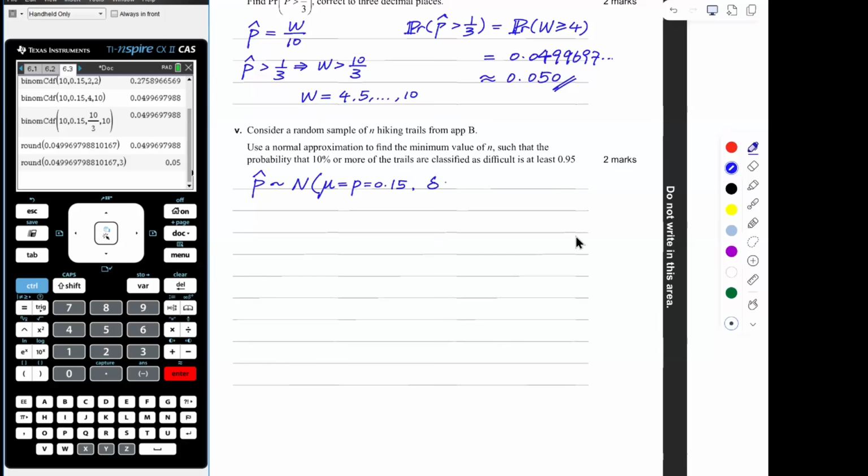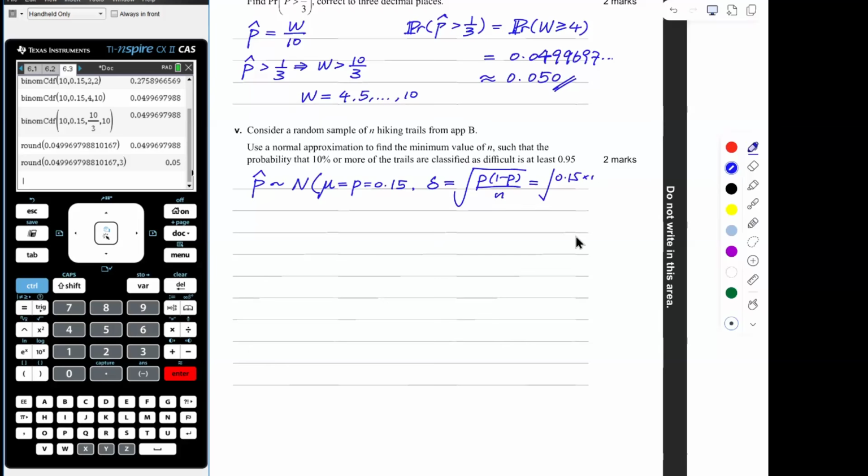And sigma equals the square root of P times 1 minus P divided by n, which is 0.15 times 0.85 divided by n, okay? So my target is to have P hat greater than or equal to 10%, 0.10. We want to have at least 0.95.